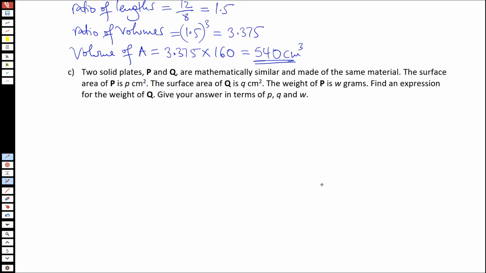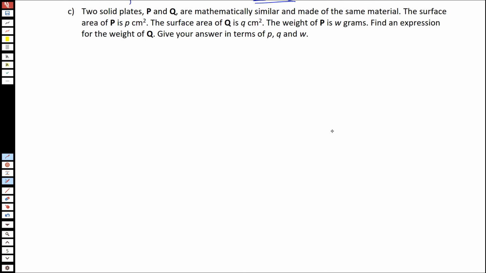So now let's look at part C of this question. In part C, we have two solids, P and Q. We don't know the solid, so let's just sketch. Let's say this is P, this is Q. And these are similar. I'm not saying that they are rectangles or squares. They're just solids.